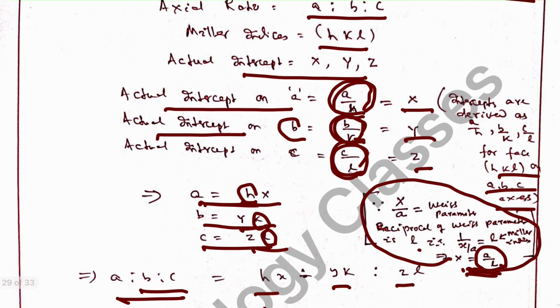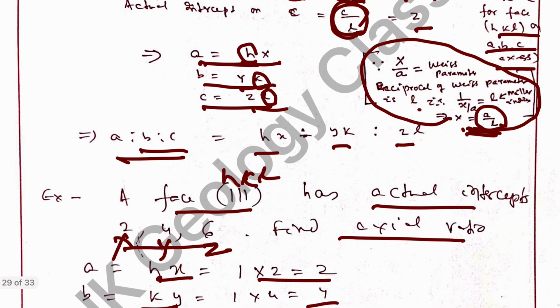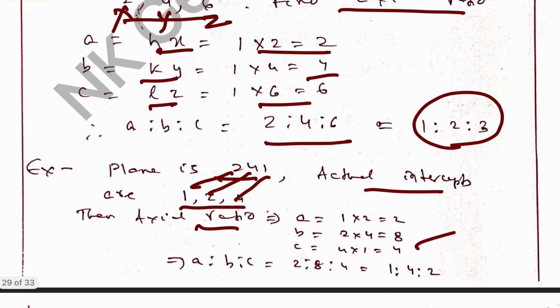A is equal to hx, b is equal to yk, c is equal to zl. Here h, k, l are the Miller's indices, and x, y, z are the actual intercepts, from which we can get the axial lengths a, b and c.